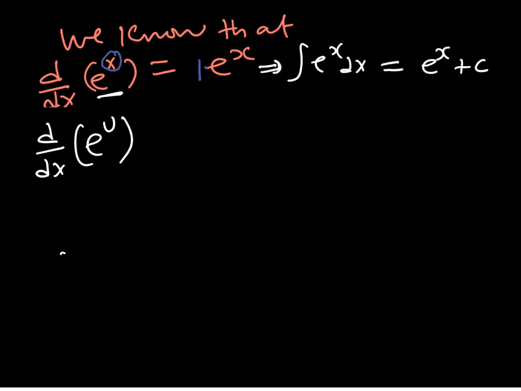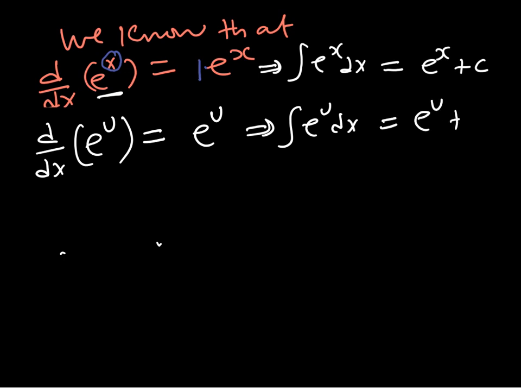In this case, u can be anything. u can be 3x, it can be x minus 1, it can be any variable. So the integral of e to power u by du is equal to e to power u plus a constant.